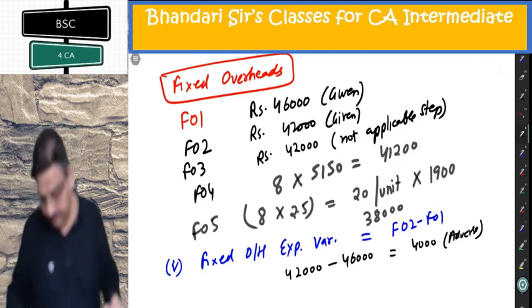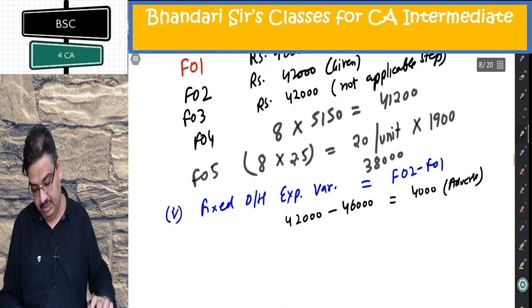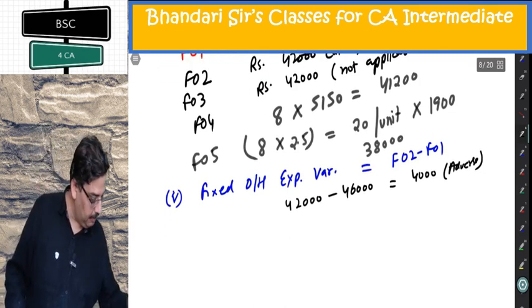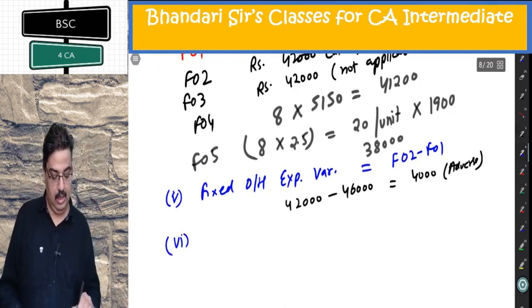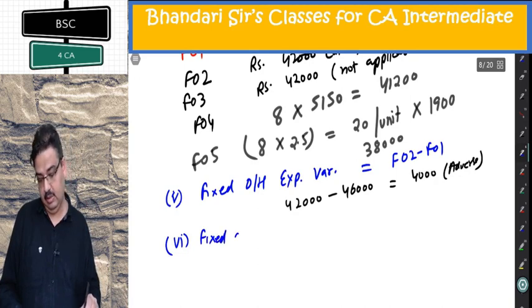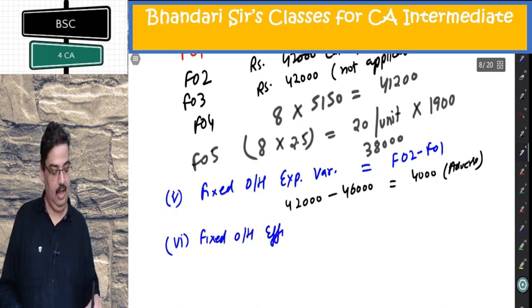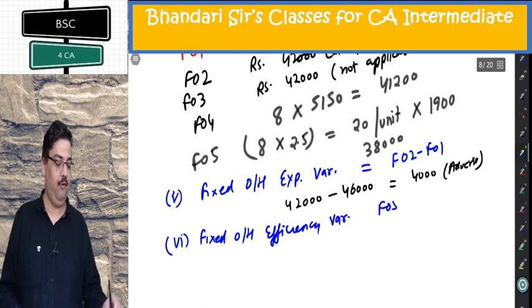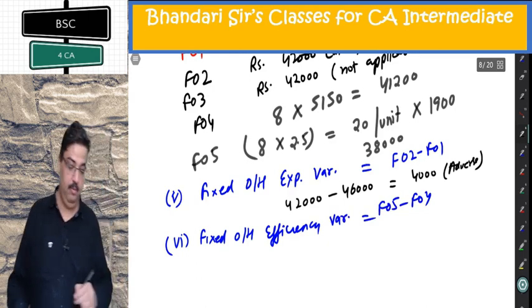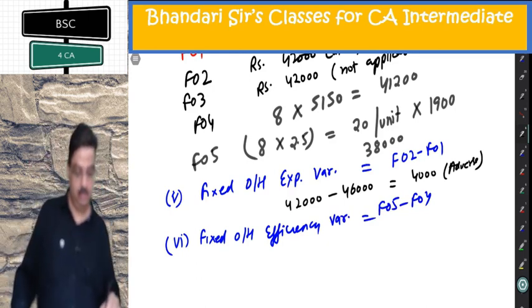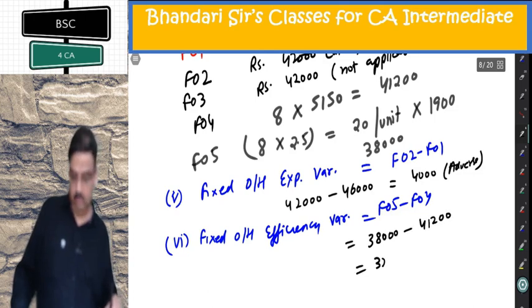Number 6. Now he is not asking in sequence. Fixed overhead efficiency variance. FO5 minus FO4. You should be remembering this by now because we are reaching the last lecture of this very soon. 38,000 minus 41,200. 3,200 adverse.